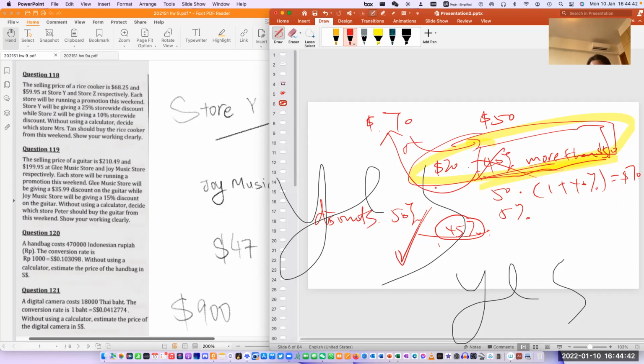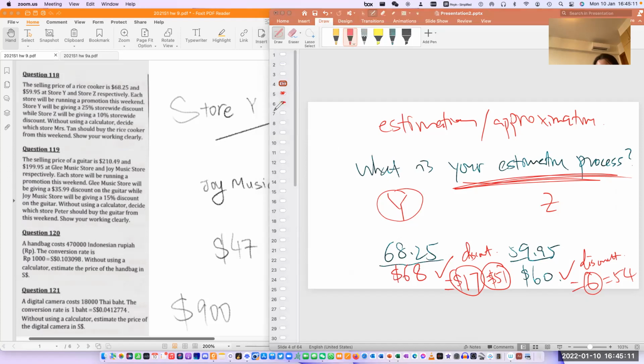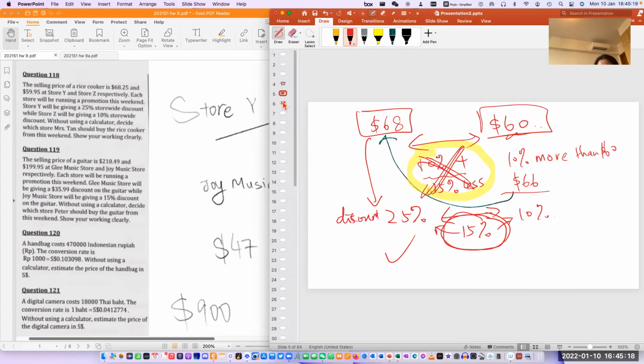I'm trying to give you different flavors and approaches to look at a question from different angles, to have a better understanding of this estimation process. So there is no right or wrong approach, just a better or not as good approach.